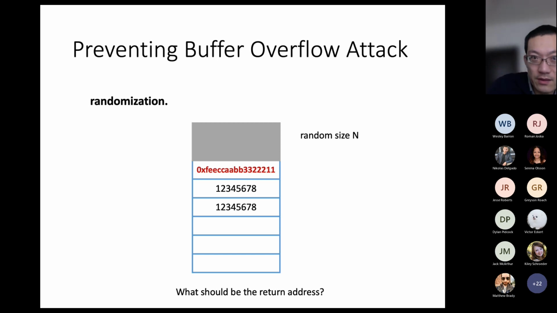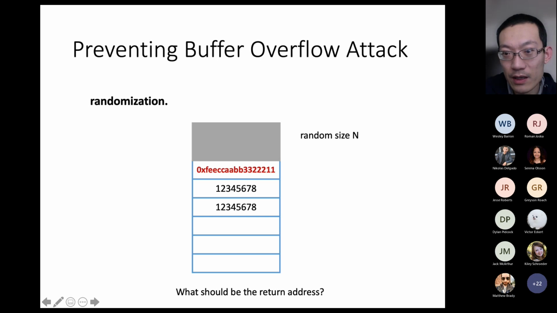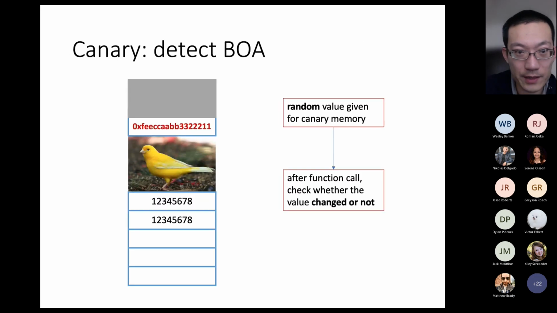Then the buffer overflow attack doesn't make a big impact. This is one idea: we randomize our memory every time we run the program. We just insert some random size of memory in front of the program so that the address of func1 is randomized. This is one way to prevent buffer overflow attacks.